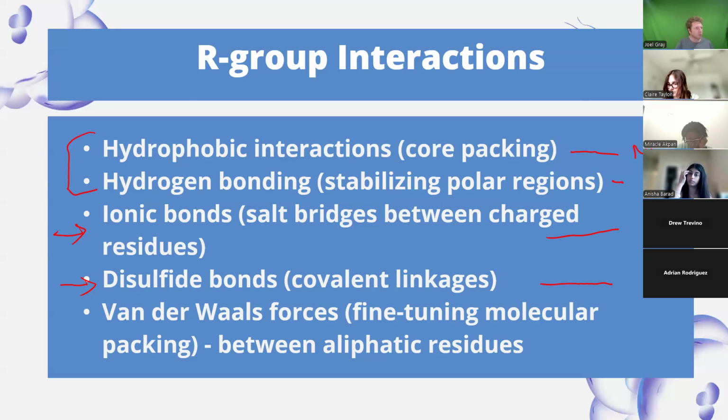We need a nonpolar plus a nonpolar to interact for hydrophobic. Hydrogen bonds, we need polar uncharged as our best option. Two polar uncharged residues to interact. Ionic, well, we need a polar positive, PP, and a polar negative, PN. Those are going to be the easiest go-tos.